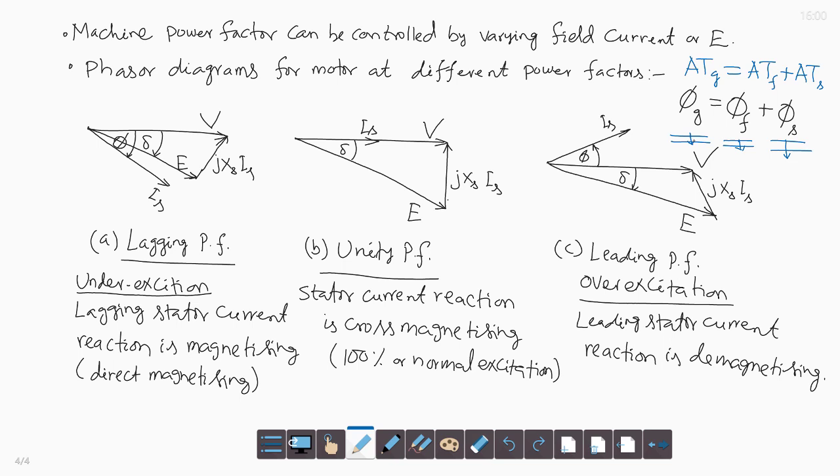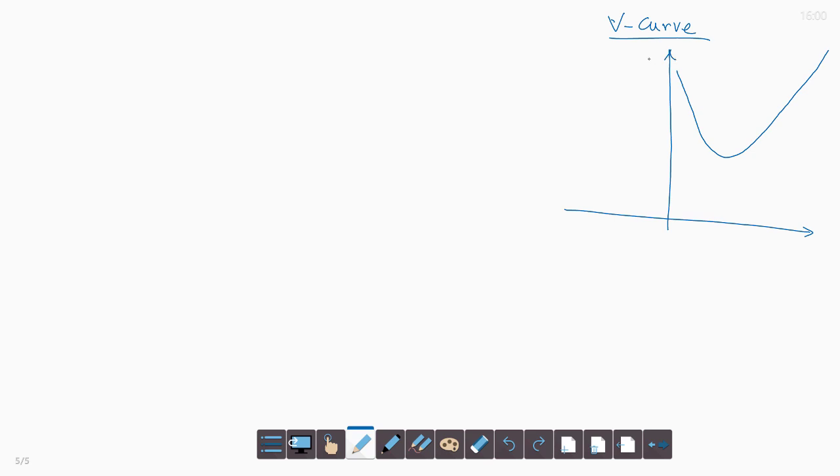So, this leads to the curve called the V curve. So, we have the V curve of synchronous machine. This is the stator current IS versus the field current IF.